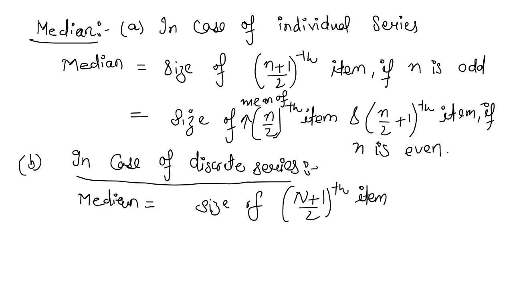Here I am using capital N because in case of frequency, N is the sum of all frequencies, and in individual series we use the small n. Median is equal to size of (N plus 1) by 2th item, where N is equal to the sum of all frequencies.